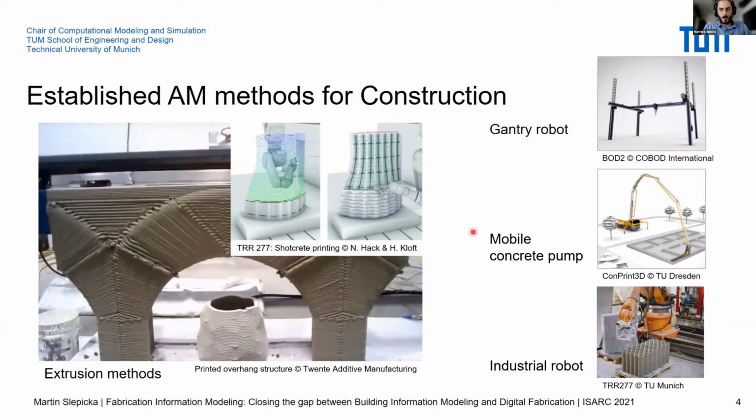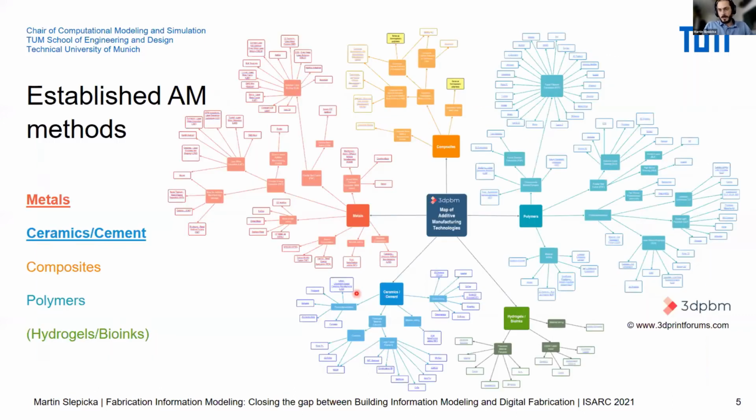I think it cannot be seen what is written there, but it's not important. The important thing is that each of these white boxes on the outside represents a company that created a machine system for specific AM methods. And each of these machine systems comes with their own software system, and the data that is necessary for each of these systems may look different.